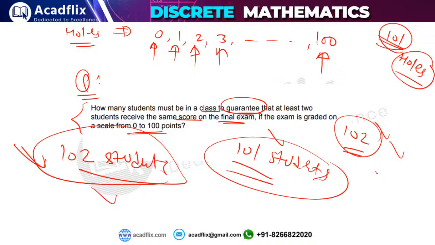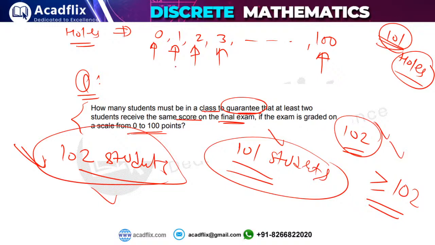Basically, the answer is anything more than or equal to 102. So if the options ask for the minimum, you will answer 102. If they are not asking for the minimum, then in the options you just try to find which number is greater than or equal to 102.